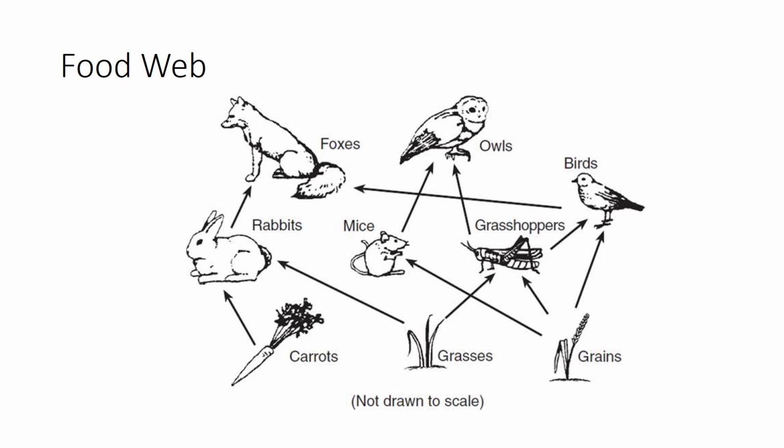It's important that we understand food webs because it will allow us to predict changes to a population, to the number of foxes, for example, by looking at what would happen to the organisms that they eat. So food webs can be very important for predicting the effects of damage to an environment.